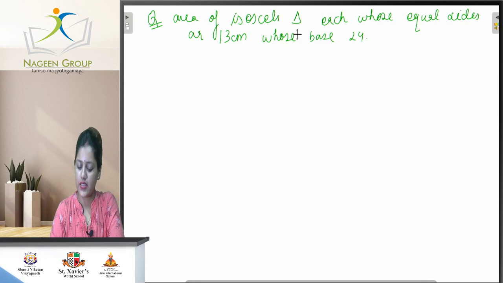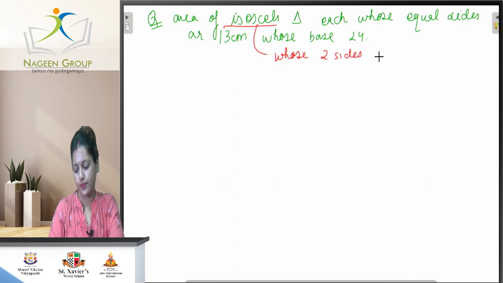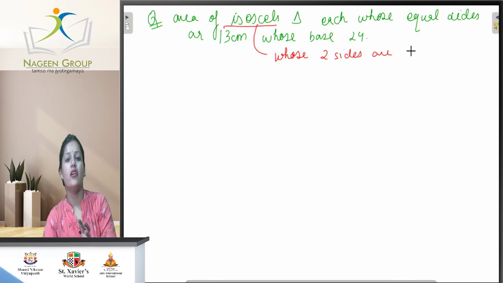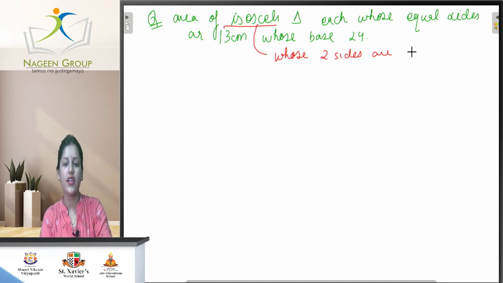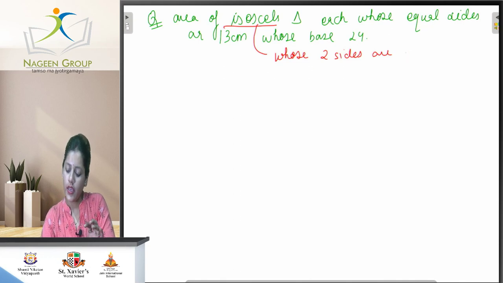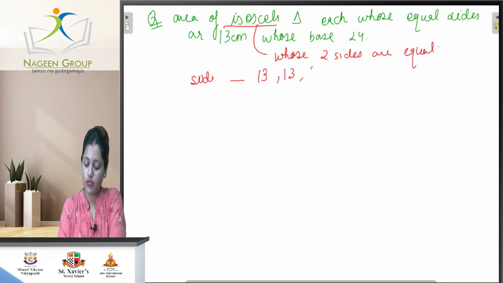An isosceles triangle is a triangle whose two sides are equal. As you have learned, an equilateral triangle is a triangle whose three sides are equal. In the same way, an isosceles triangle is a triangle whose only two sides are equal. So the sides of it are 13 centimeter, 13 centimeter and 24.